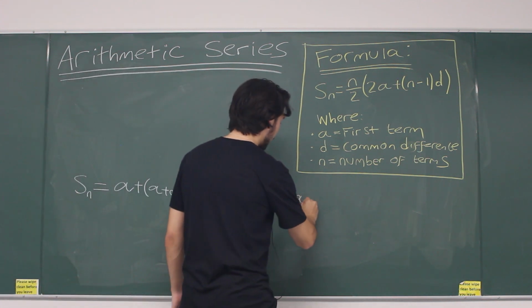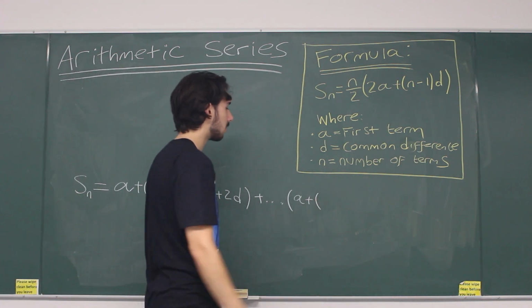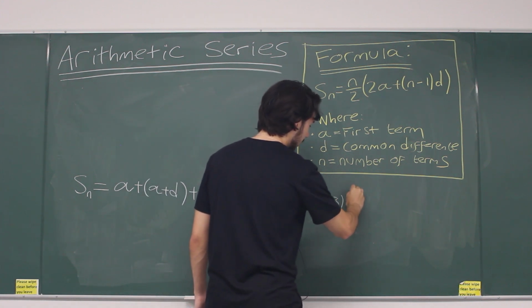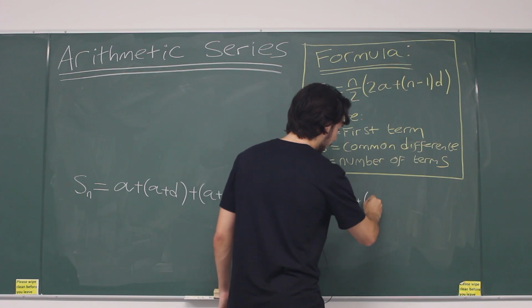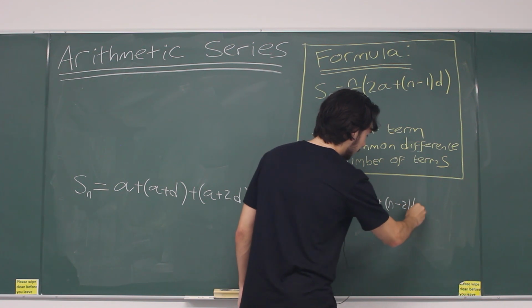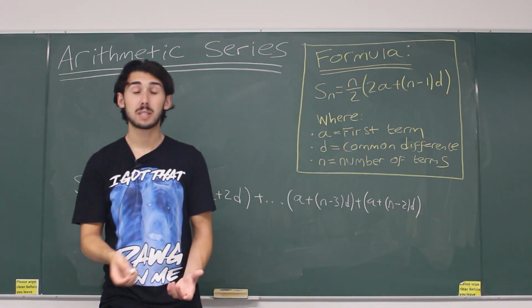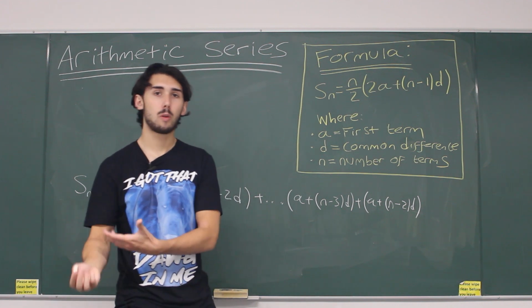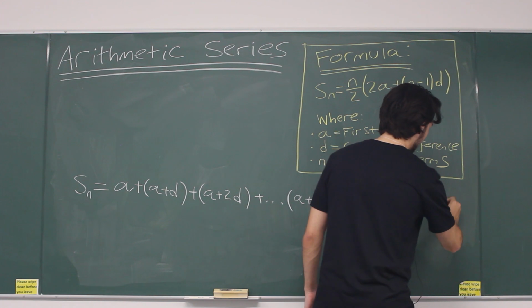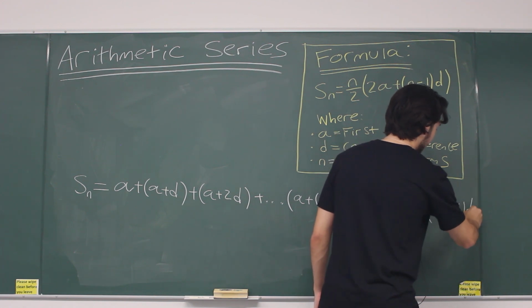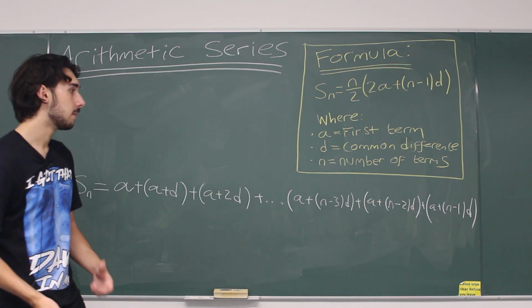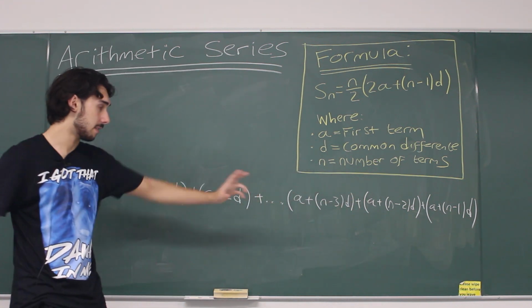We'll have A plus n minus 3d, plus A plus n minus 2d. And the last term, of course, since we're going up to n terms, is just the nth term of the sequence, which is A plus n minus 1d, because the nth term of an arithmetic sequence is A plus n minus 1d. So this will be the last term, if we're counting n terms.